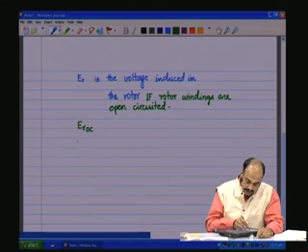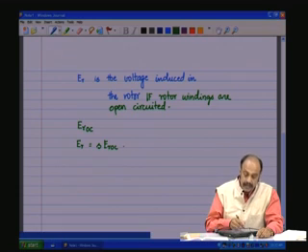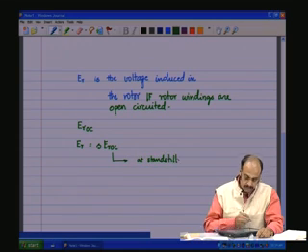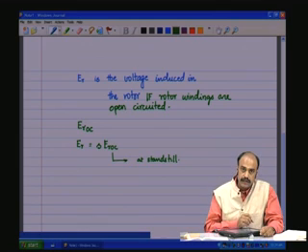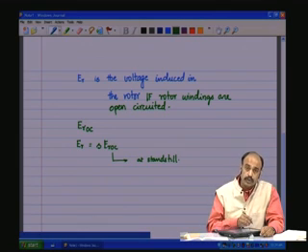Okay, and under any other slip, the rotor voltage is equal to S times the rotor voltage when it had been open circuited at standstill. This is standstill. It is slip times. The induced voltage is slip times, linearly proportional to the slip.